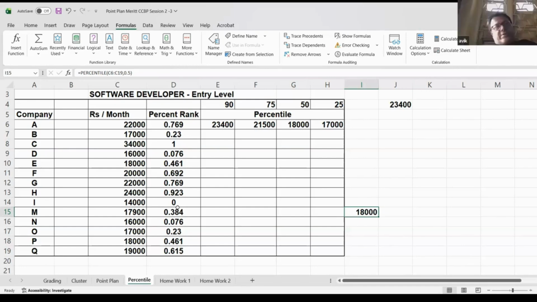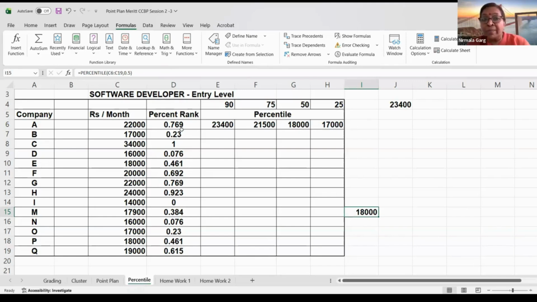Q3 will be 50th to 75th percentile. Q4 will be 75th to 100th. Good companies typically pay what? Q2 or Q3. Got it? Because they want to attract and retain talent.